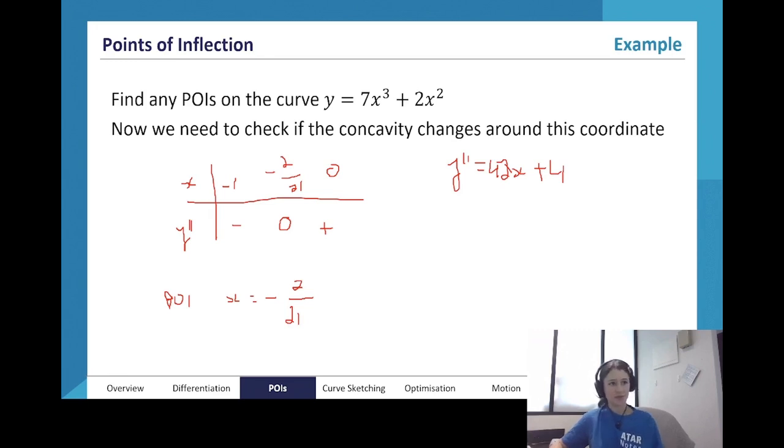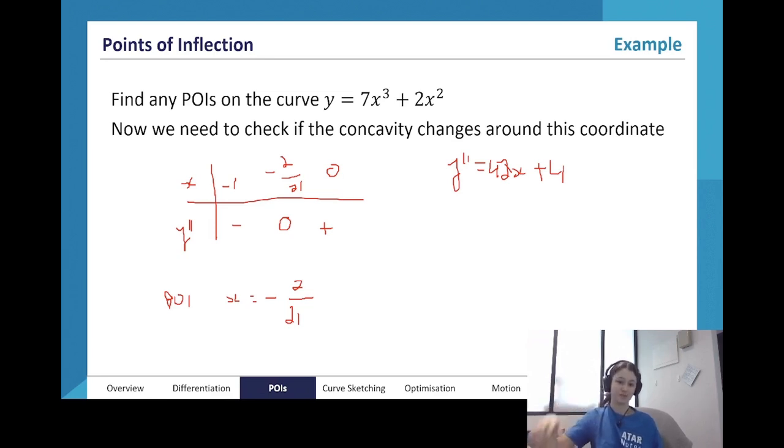Quick tip: sometimes questions will ask you to find the coordinate. If they ask you to find the coordinate of a point of inflection, make sure you find the corresponding y value, because just finding the x value won't be enough. Another tip, which might seem a little bit silly: do not substitute your x value into one of the derivative functions.